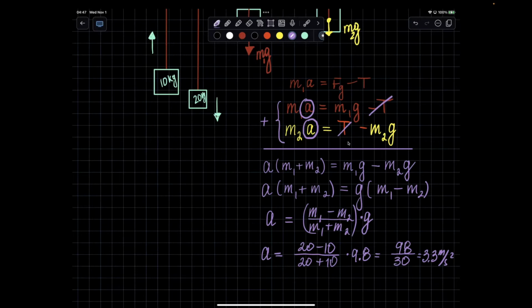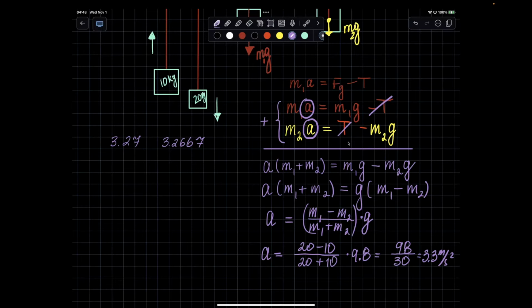Now, if I know my acceleration, I can go ahead and figure out force of tension in the string. And because of my rounding, if I keep it at 3.27, or better yet at 3.2667, for example, I can get force of tension from either of the equations.